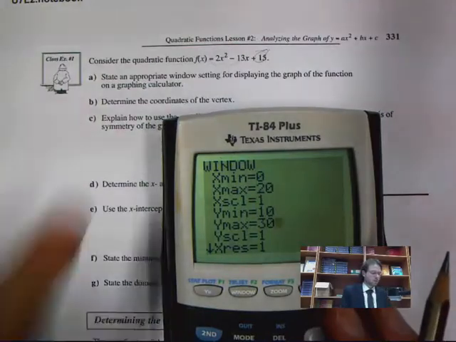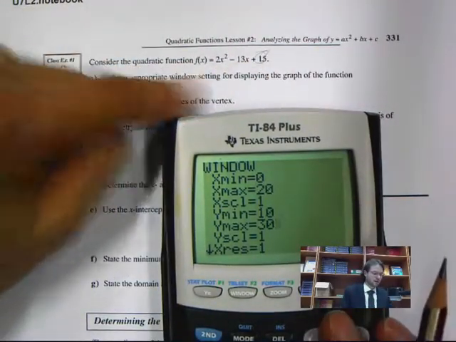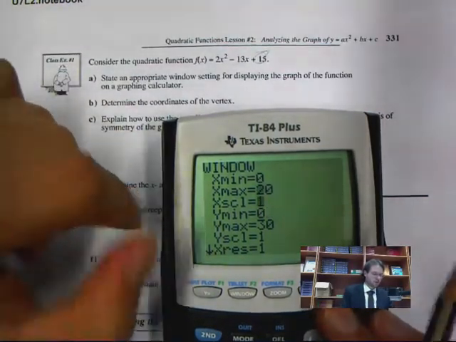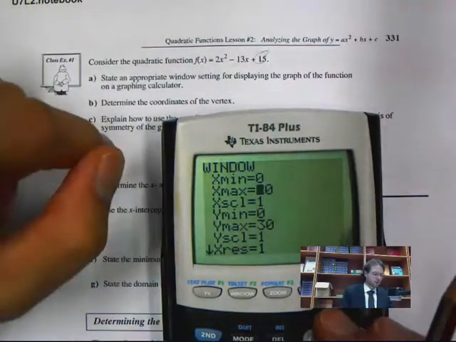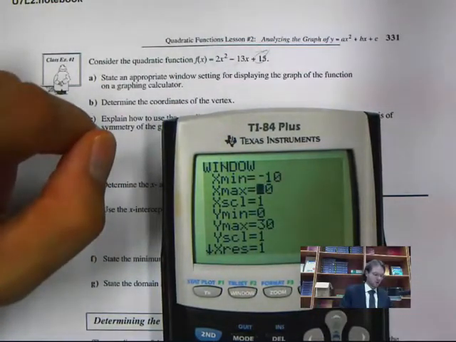That's my y-intercept at 15. Actually, I'm going to go 0 for my y min, and 30. My x, well, I'm going to have negative 10 all the way to 10.